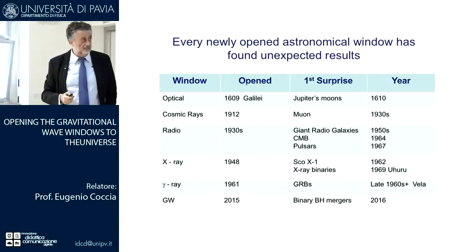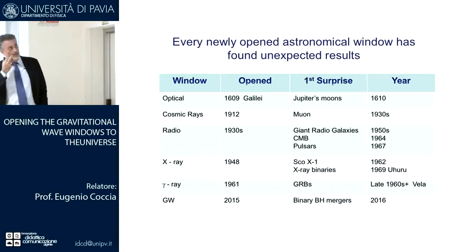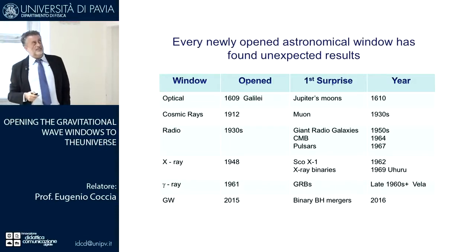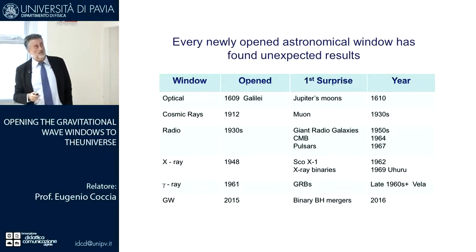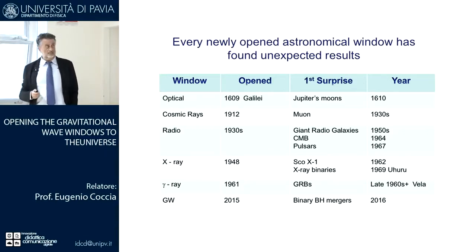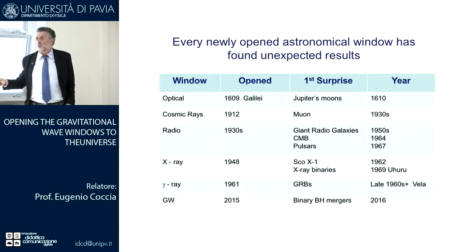So I am at the end of my lecture, just to say that in history, every newly opened astronomical window has found unexpected results. Starting from Jupiter, but then also in 1912, the muon was detected in cosmic rays, and this was a surprise.